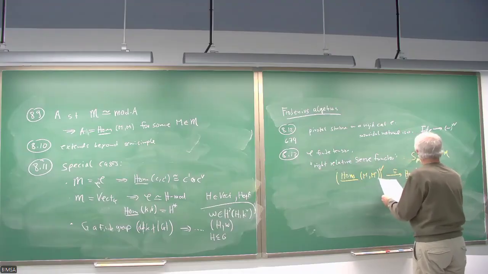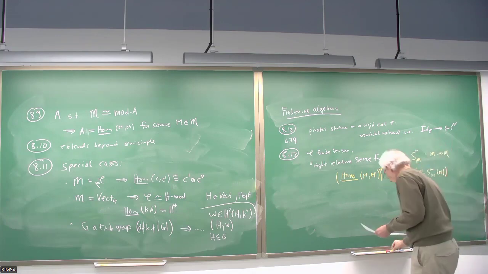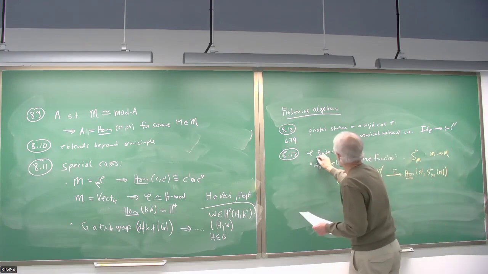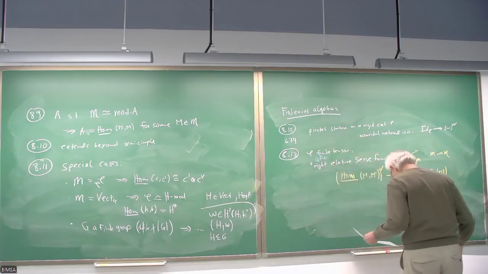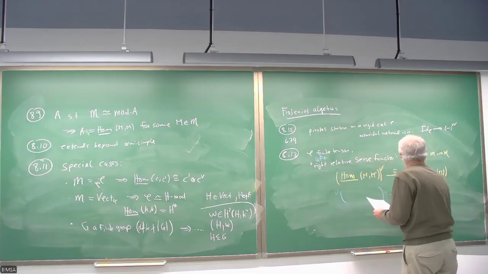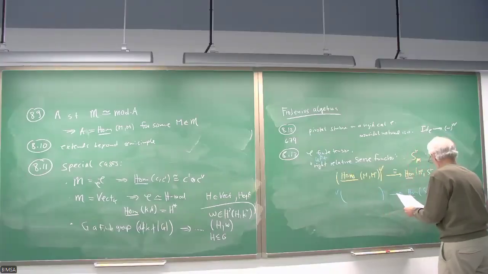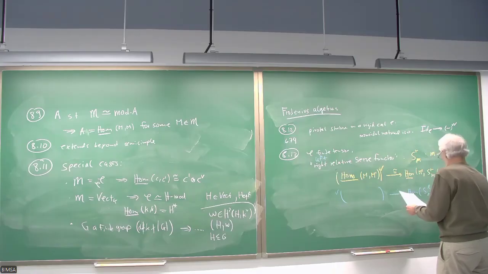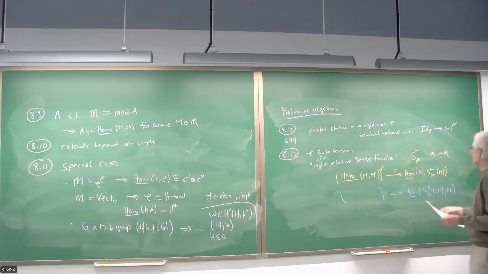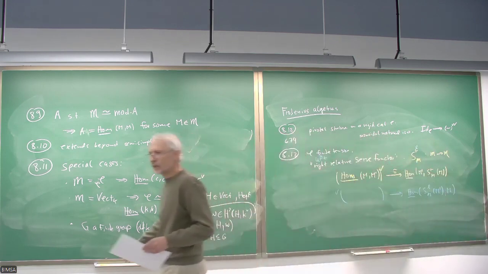There is also a left version where instead you have here a left dual and another functor S^L. And if you do this for ordinary homs, you get the notion of a Serre functor.